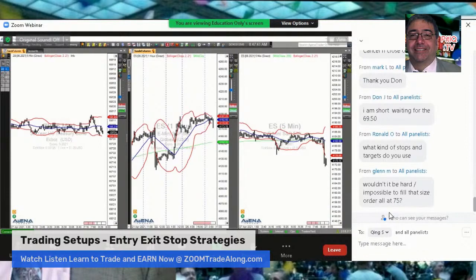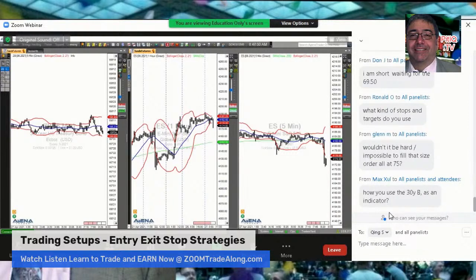Wouldn't it be hard to fill that at 75? Not at all. There are guys sitting in the weeds. They're trading over 1,000 lots all the time, and you just don't see it. There are guys sitting in the weeds who are just salivating to take out that 3,000 lot. Just salivating. So it's coming up here again. Let's see what it does.